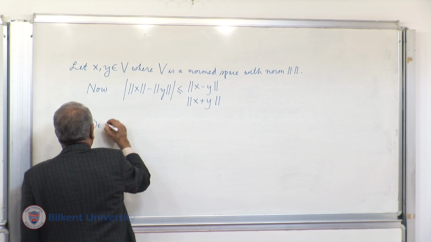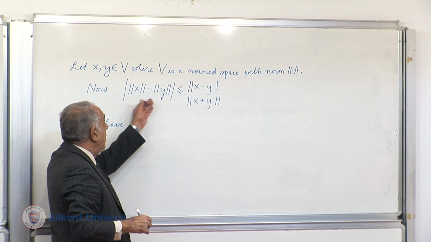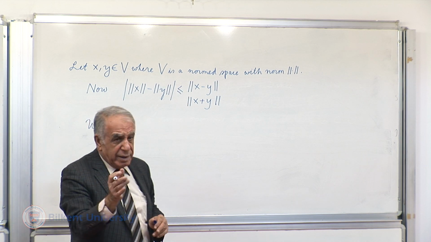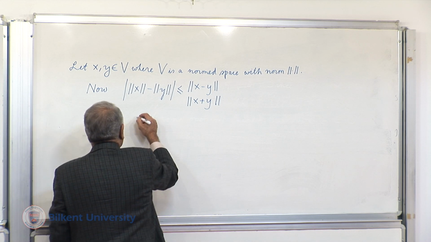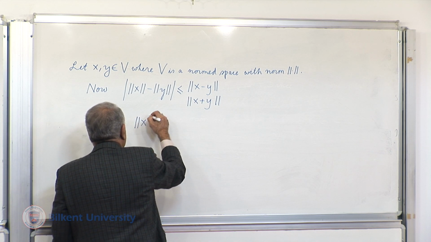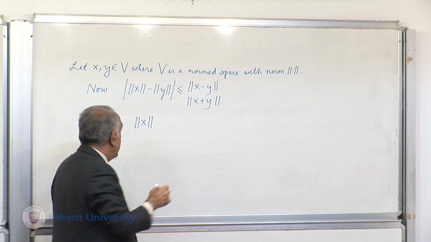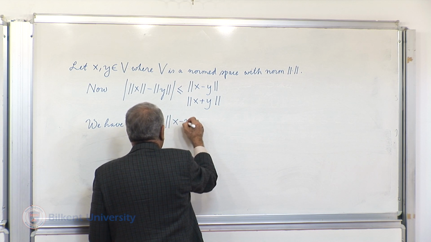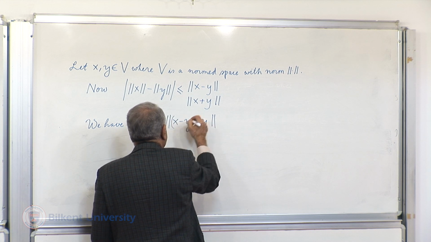Now we wish to relate the individual norms of x and y with the norm of either x minus y or x plus y. So let's start with the norm of x. We can write this as the norm of x minus y plus y.